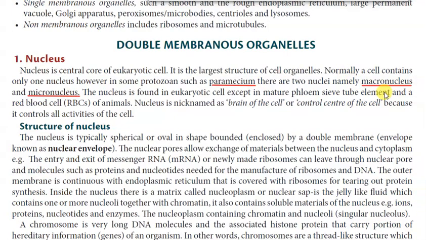The macronucleus controls all metabolic activities of the cell, while the micronucleus maintains only the reproductive activities and the division of the macronucleus during cell division. Paramecium and Amoeba proteus are the two living organisms commonly known to have two nuclei. Other eukaryotic cells have only one nucleus.